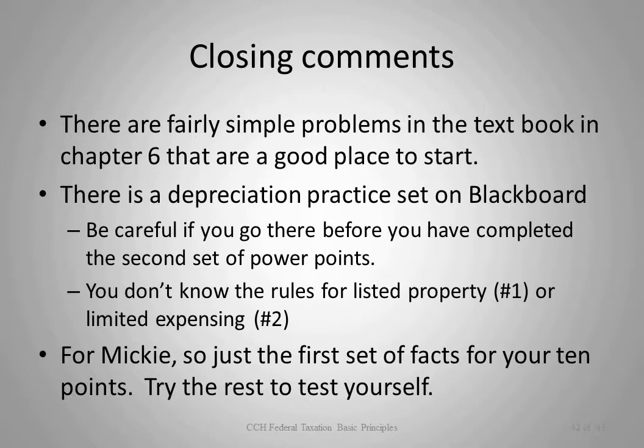Remember that we have not yet covered number 1 or 2 on the checklist. So the jargon listed property, that would be any problem where the qualified business use is given as a percentage. That's an indication that number 1 on the checklist needs to be listened to. Limited expensing is number 2 on the checklist.